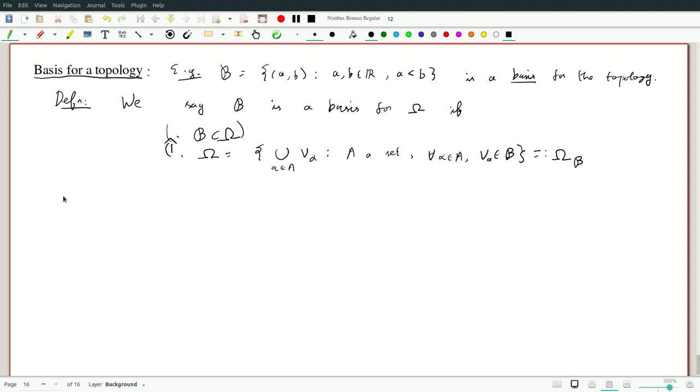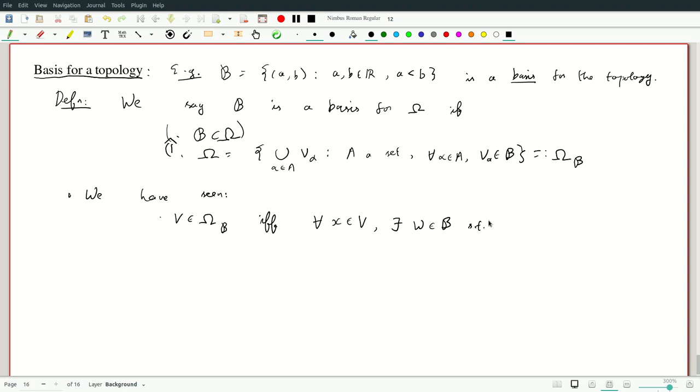And so we have seen the following rather useful characterization. Some set, let us say V, belongs to omega B if and only if for all x in V there exists W in B. I had called it J last time to suggest an interval, but now we won't think of it as an interval.